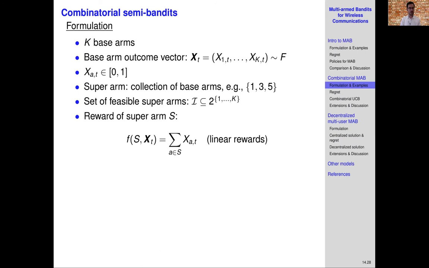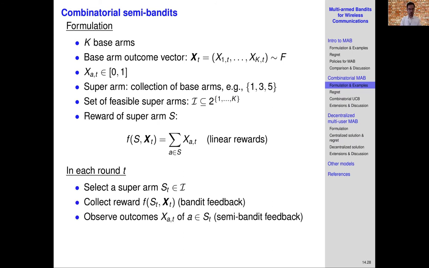In this problem, the learner in each round selects a superarm, and the reward of a superarm depends on the outcomes of the base arms in the superarm. I will start by assuming that the reward is the sum of the outcomes of the base arms in the superarm. This scenario is known as linear rewards.